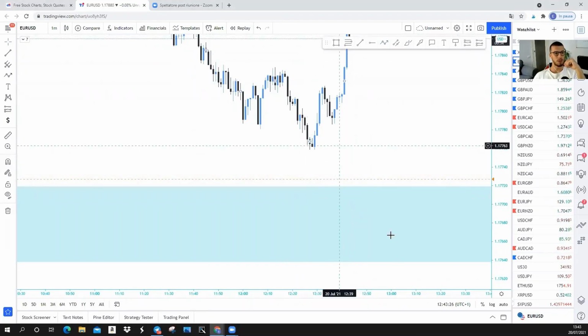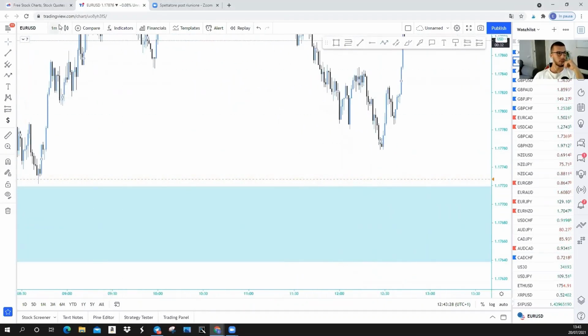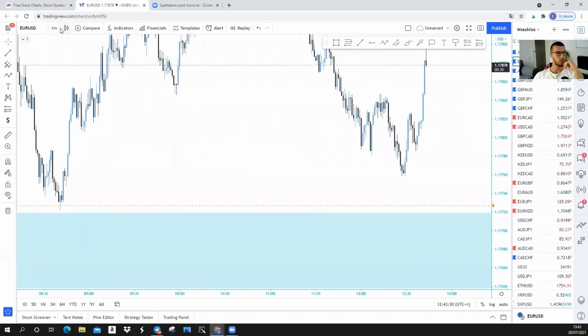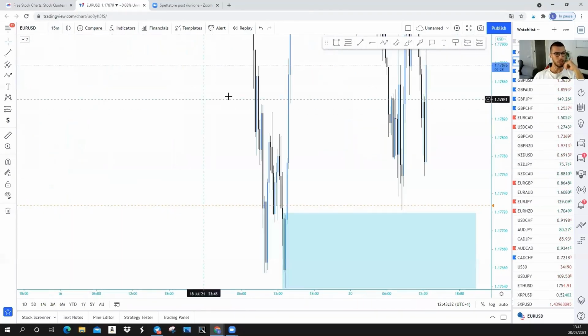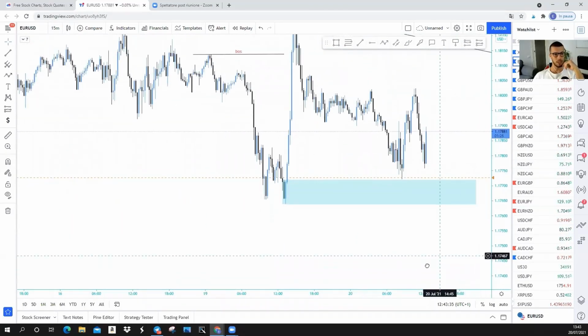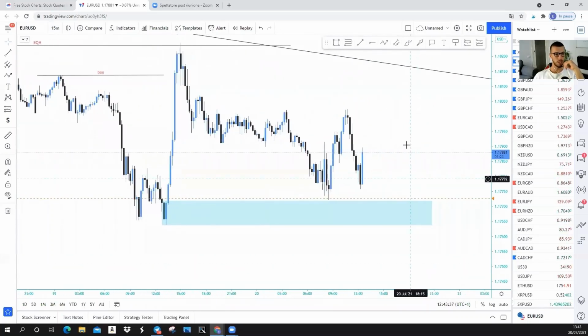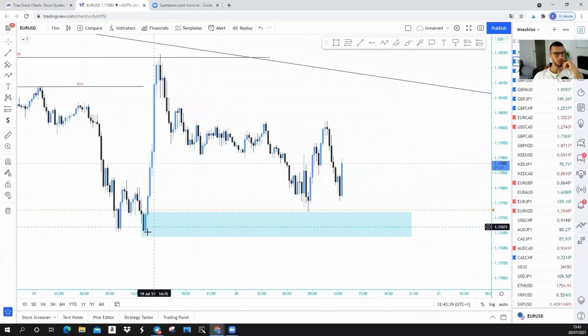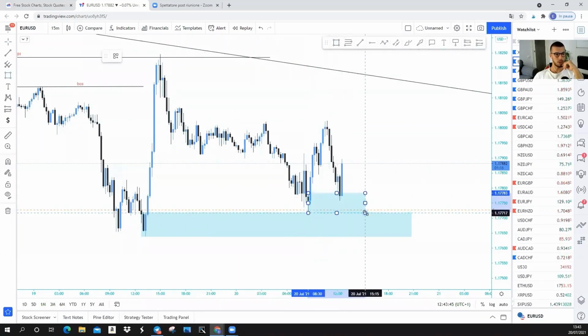So as a trader, you need to have rules. I know that many people will see it like this, and I will generally agree many times too. So you see the push to the downside, push to the upside. Here you put your demand level and you enter from here.